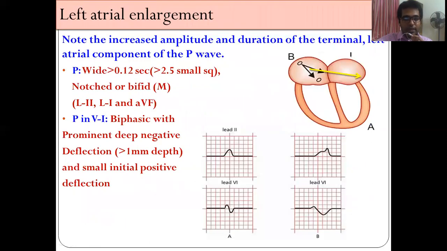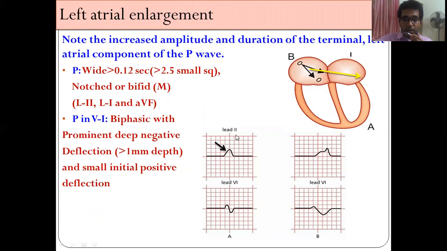So here you can see what happens in case of left atrial enlargement. Note the increased amplitude and duration of the terminal left atrial component of the P wave. Here you can see this is the net axis of the P wave.